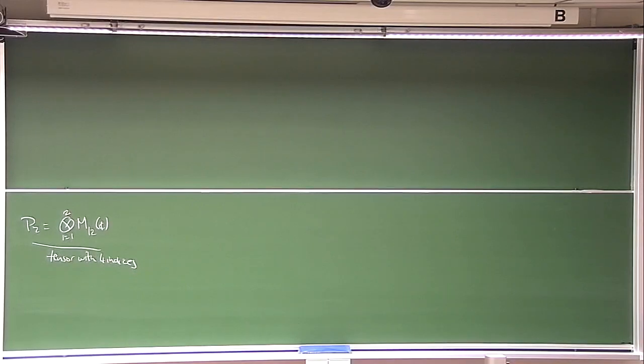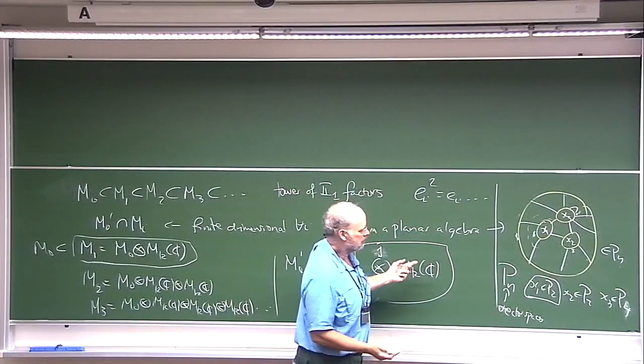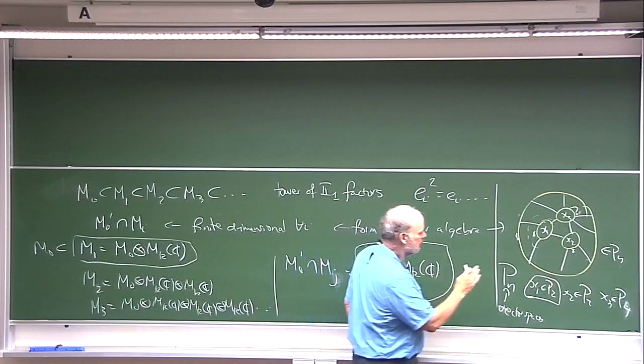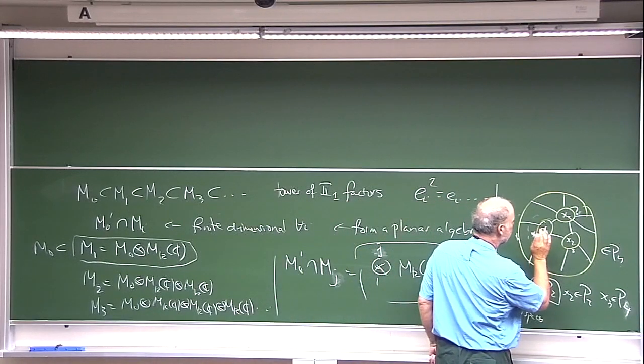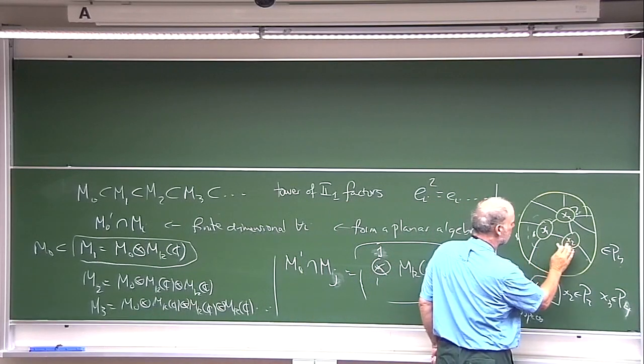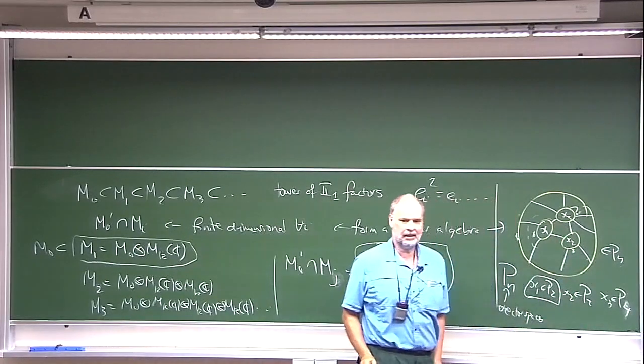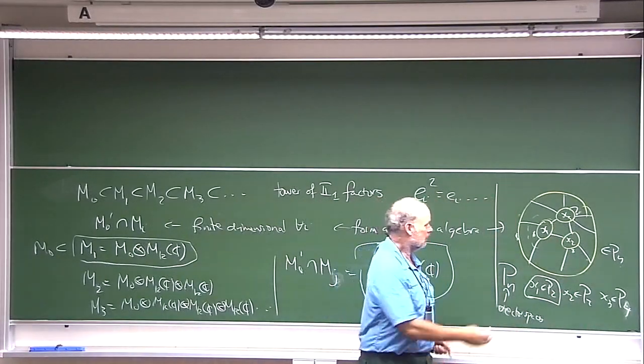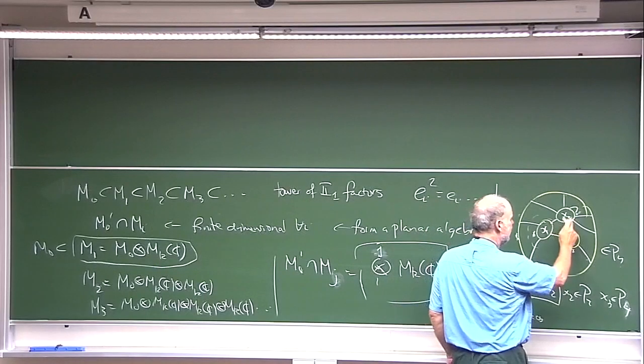So we see that the planar algebra structure coming from this would have to associate, if you put in a tensor with 4 indices here, a tensor with 4 indices here, and a tensor with 6 indices there, it's got to give you a tensor with 8 indices here.